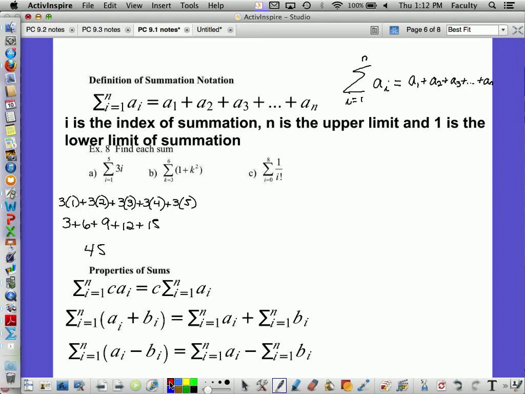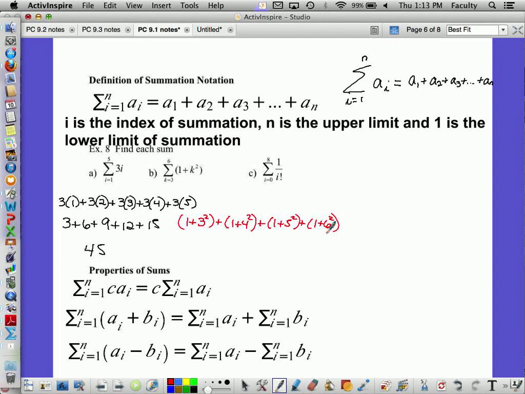But something else I want to point out to you is that your lower limit of summation doesn't have to be a 1. So in this case, I have the summation, k runs from 3 to 6 of 1 plus k squared. So that means I have 1 plus 3 squared plus 1 plus 4 squared plus 1 plus 5 squared plus 1 plus 6 squared.